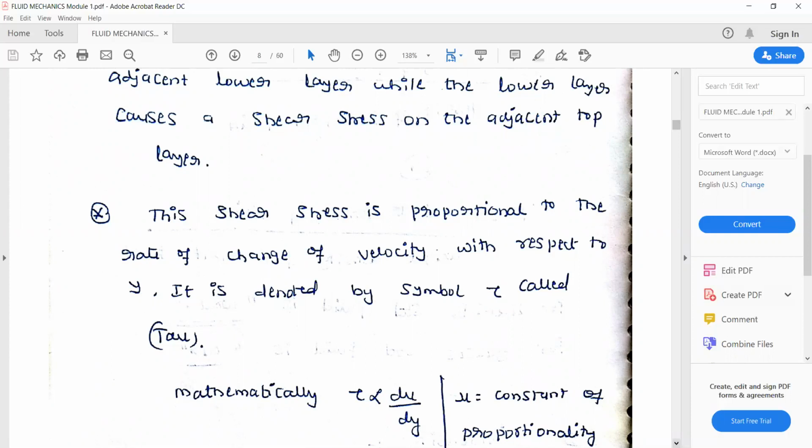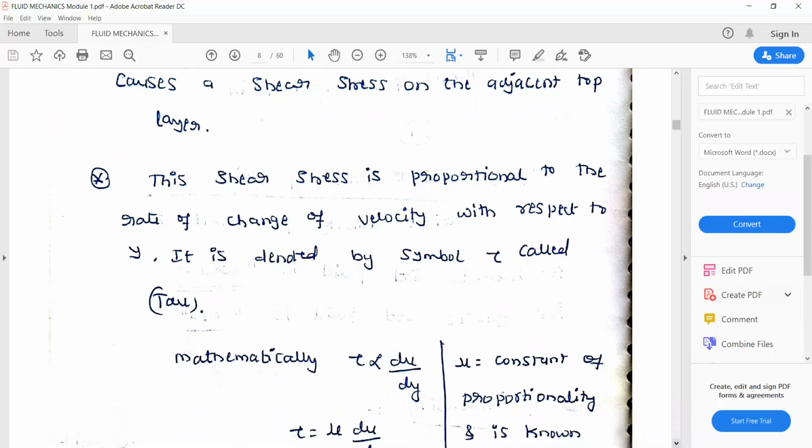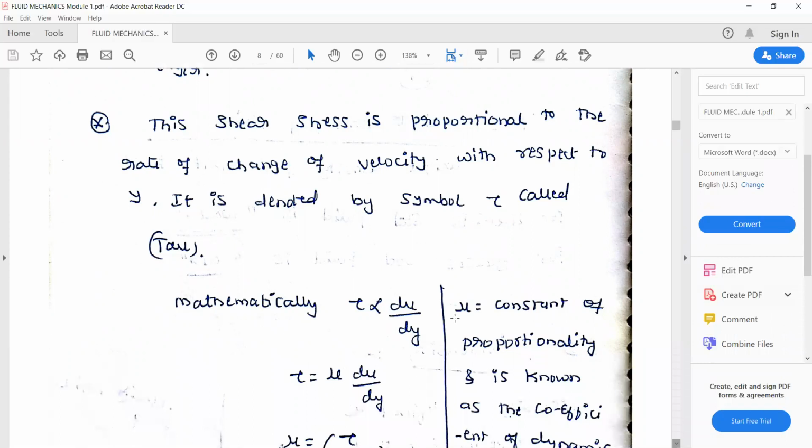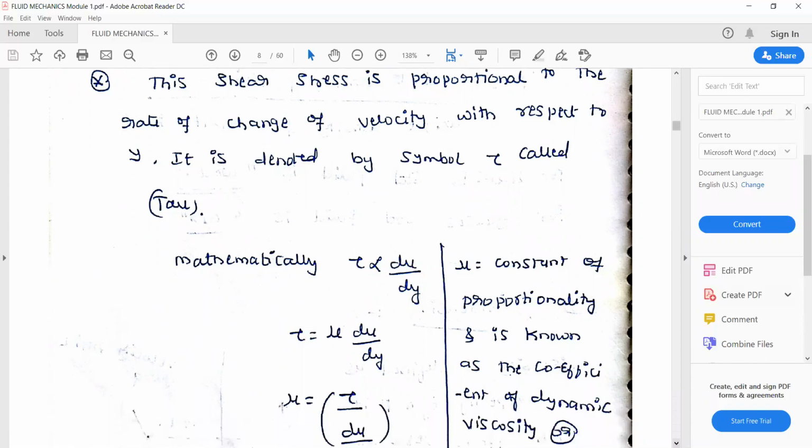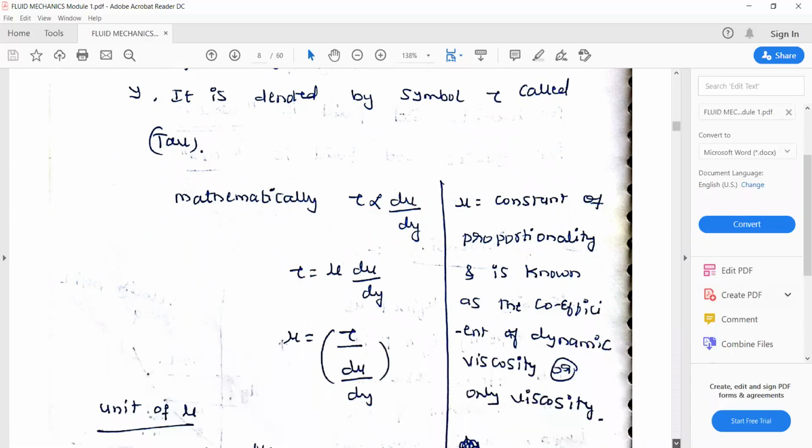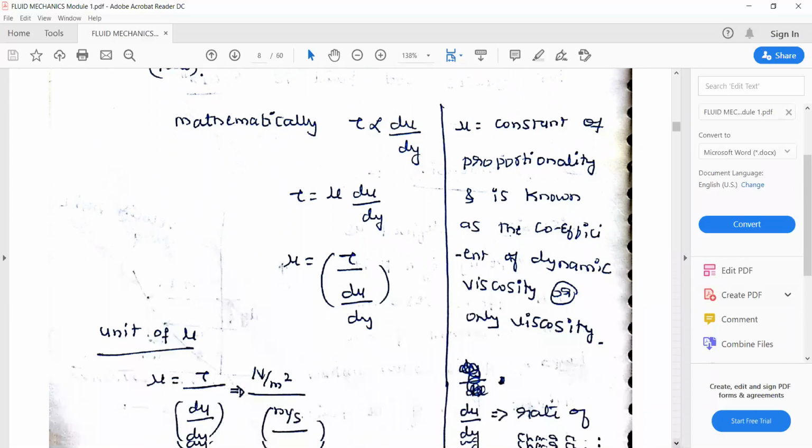We can write that the shear stress developed between the fluid layers is directly proportional to the velocity gradient. Tau is directly proportional to du by dy. To remove this proportionality, we use a proportionality constant, known as the coefficient of dynamic viscosity, or only viscosity. Here you can observe tau is equal to mu into du by dy.